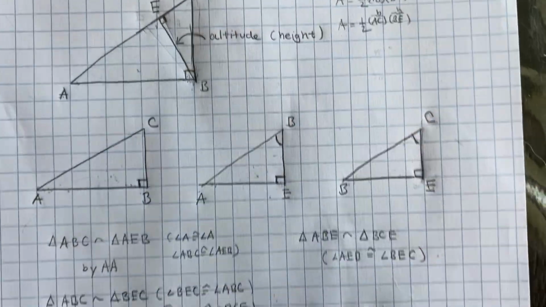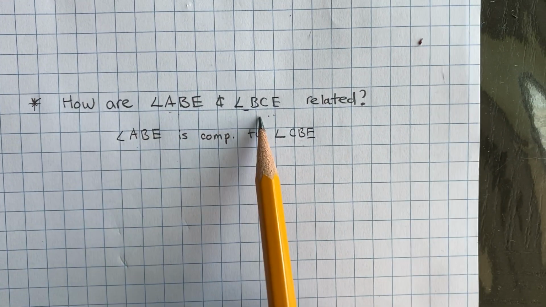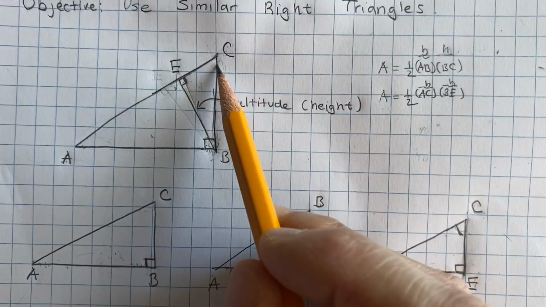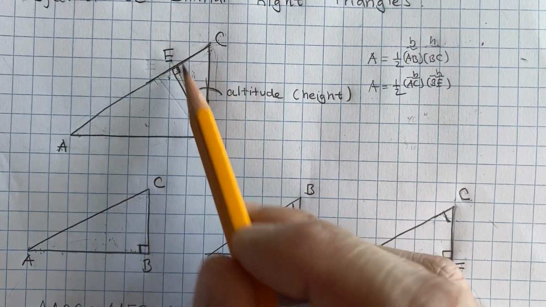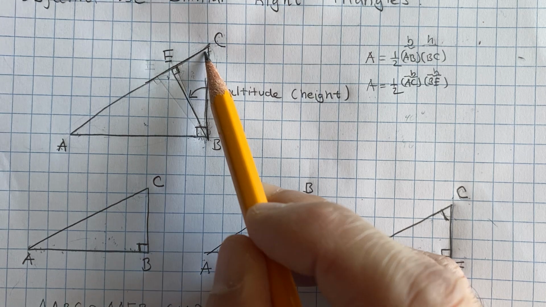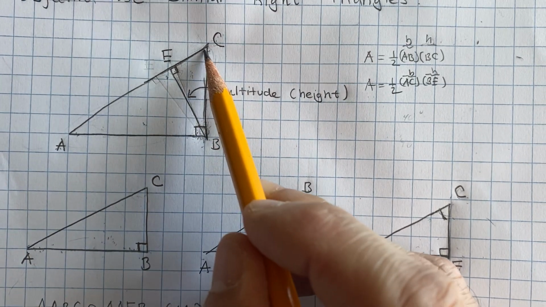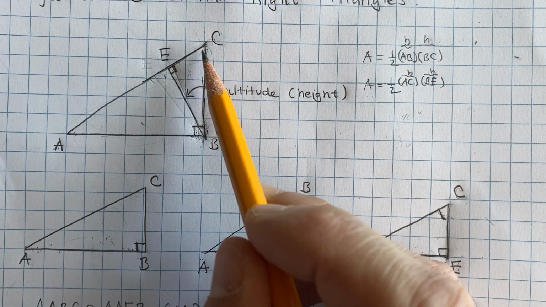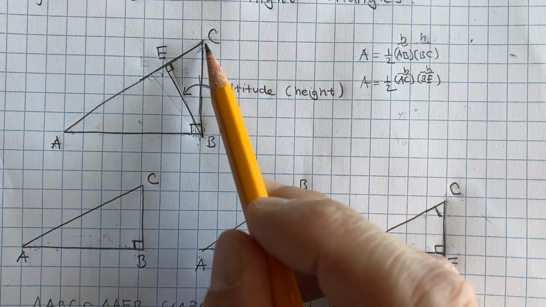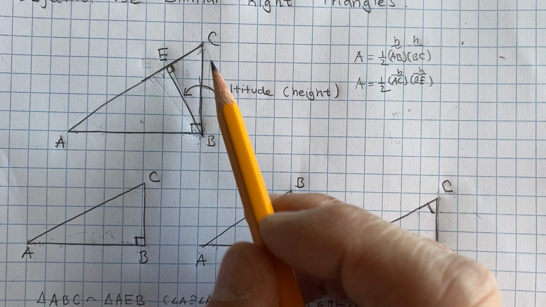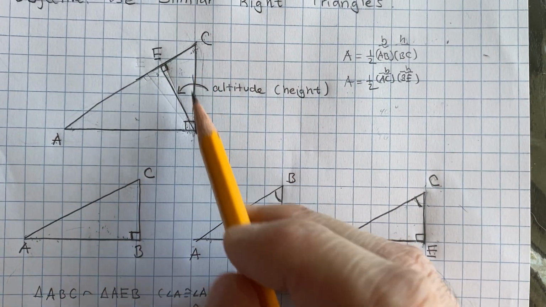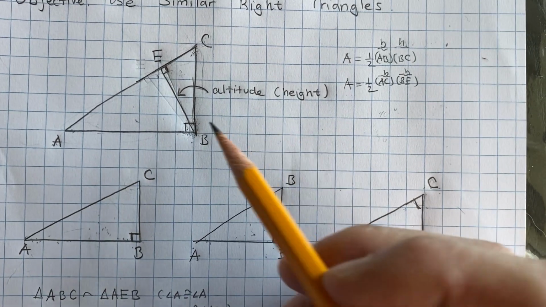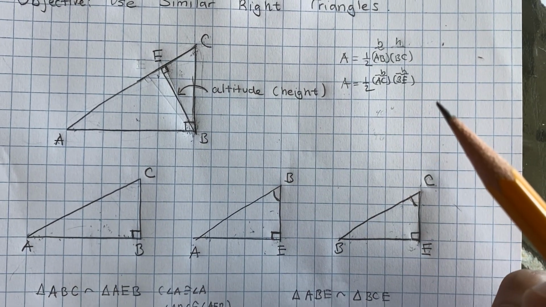Okay, now take a look. Angle BCE, right? My question was, how are ABE and BCE related? Angle BCE, which is right here, how is this angle related to this? Well, notice this is a right triangle. This is 90, and I don't know what these two angle measurements are, these tiny angles, this angle right here and this angle right here. But I do know that whatever these angles are, the sum of the measures of a triangle add up to 180. You could say that angle BCE is also complementary to angle CBE.